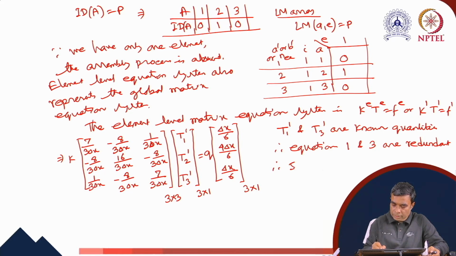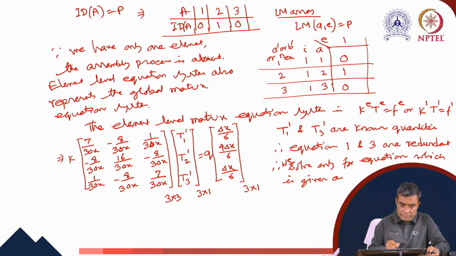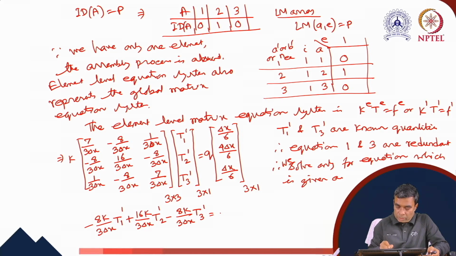So we solve only for equation 2, which is given as minus 8k by 3 delta x into T11 plus 16k by 3 delta x into T21 minus 8k by 3 delta x into T31 equals 4q delta x by 6.